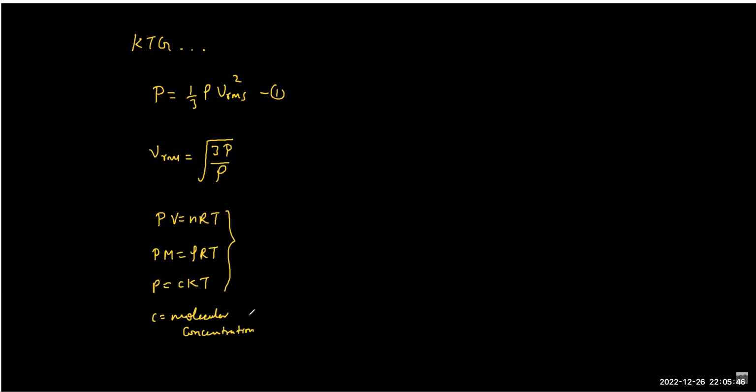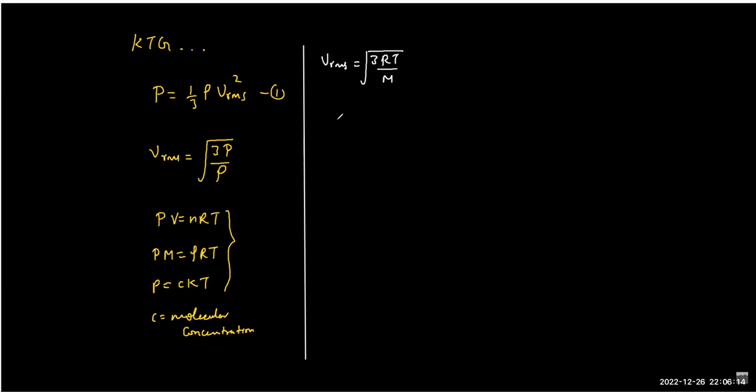Okay, and once you substitute the value, now the V_RMS turns out to be how much? Root of 3RT by M. Yeah, so this is the root of 3RT by M, and this is the RMS velocity as defined for molecules.